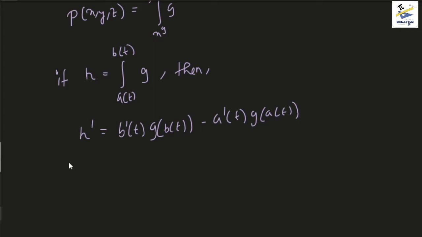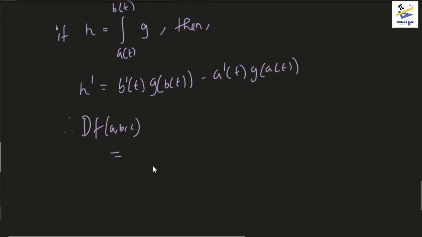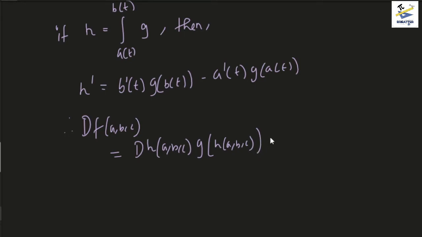So therefore df at (a, b, c) would just be equal to, now the b prime was basically h of x, y, z, so it's basically dh of (a, b, c) into g of h of (a, b, c), minus a prime was x to the power y, so d of x to the power y at the point (a, b, c) into g of x to the power y.